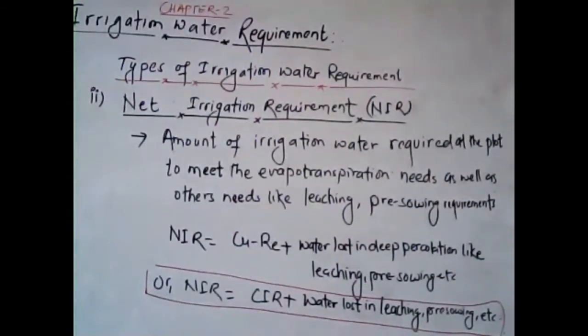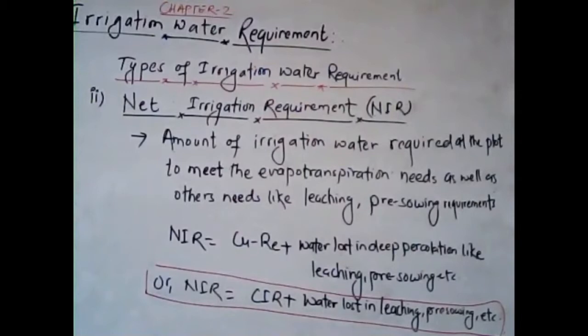Certain water is lost there, so this is the pre-sowing requirement. Overall, it is the water lost during the field making process due to percolations, etc.